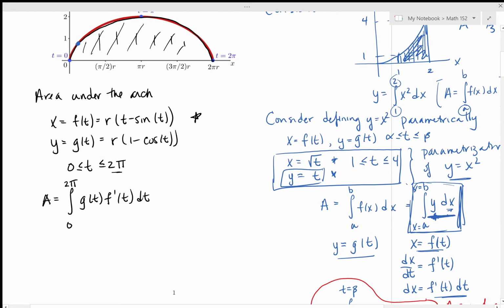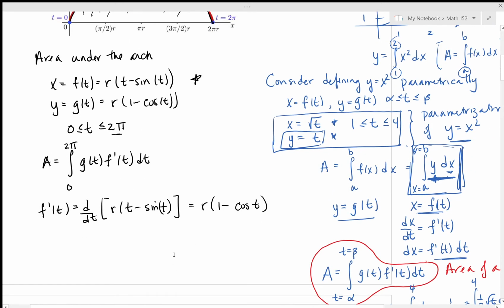So I will calculate f prime of t as the derivative with respect to t of r times t minus sine t, and that derivative is r times 1 minus cosine t. Now I can set up the integral.